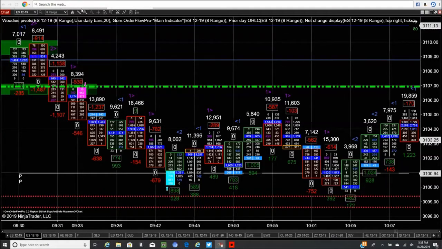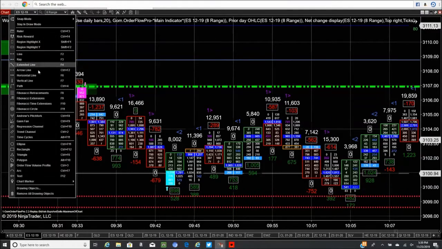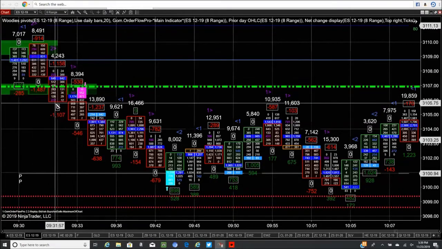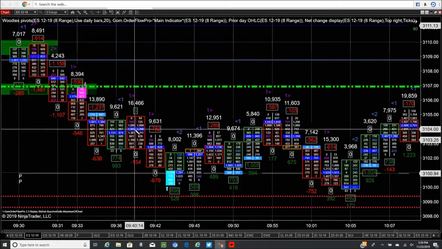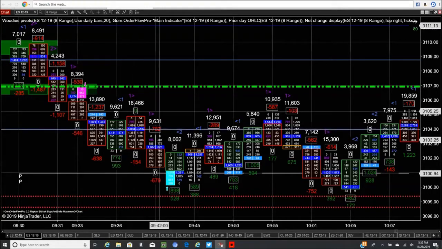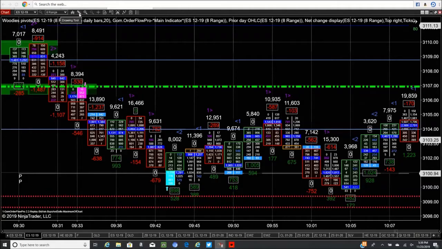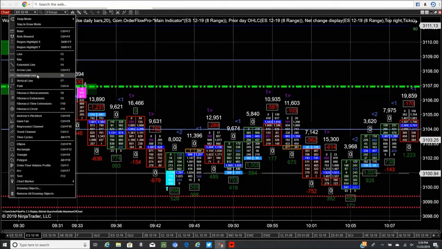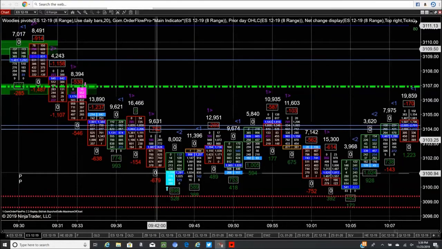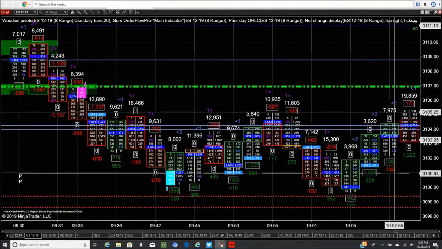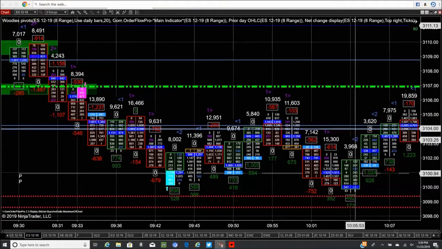I'm going to draw a couple of lines here. I'm going to draw this horizontal line on this 16,466 volume of the point of control. Then I draw another line on the point of control of the next higher volume of 19,859. Look at that. They are within one tick of each other. That is telling you something.